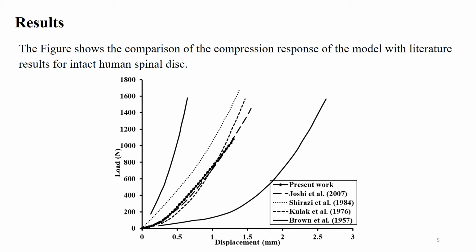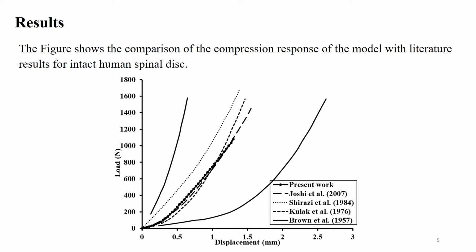We have this range, and here the Shirazi, Kolak, and Joshi research, and our data was within the range of the literature data. That means we have validated the response of the model, and the model gives a realistic behavior like the natural one.